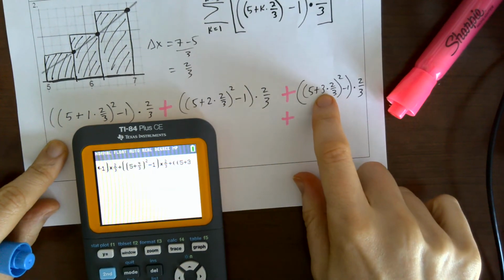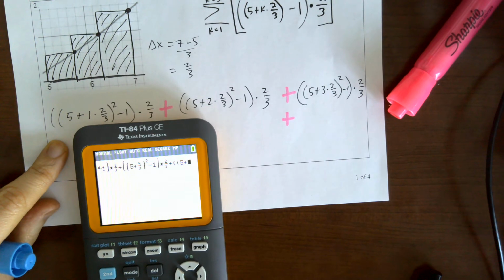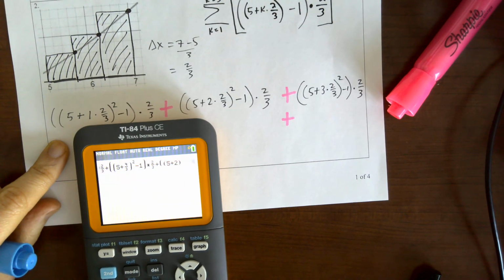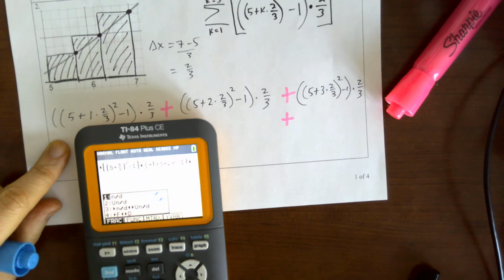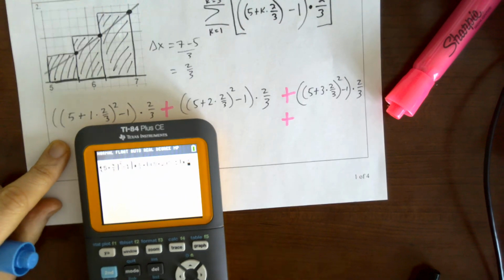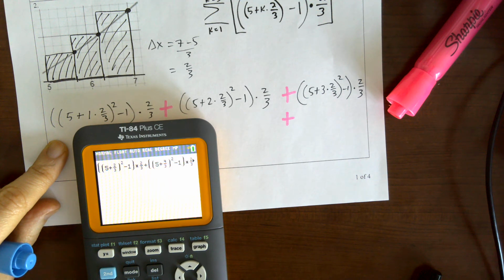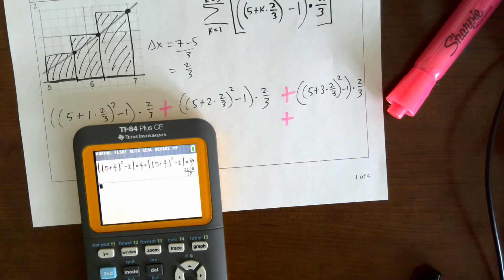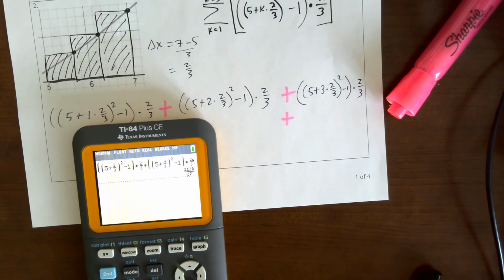So that's 5 plus 2, 7, squared minus 1, times 2/3. Yep, that's the same thing I got when I did a little shortcut earlier. Oh, but over 28, 21, 28. Okay, I think that's right.